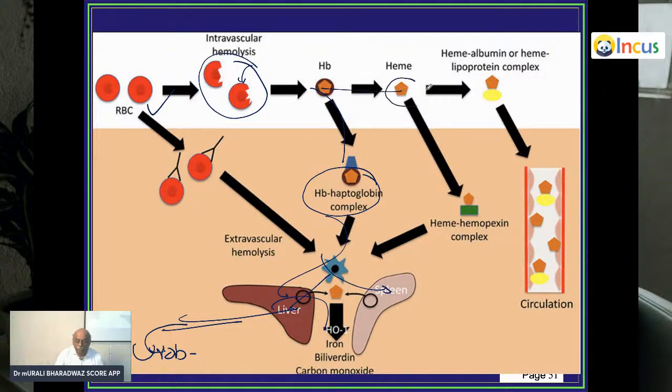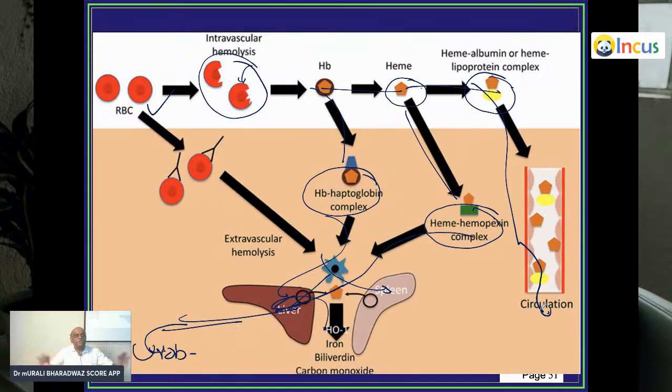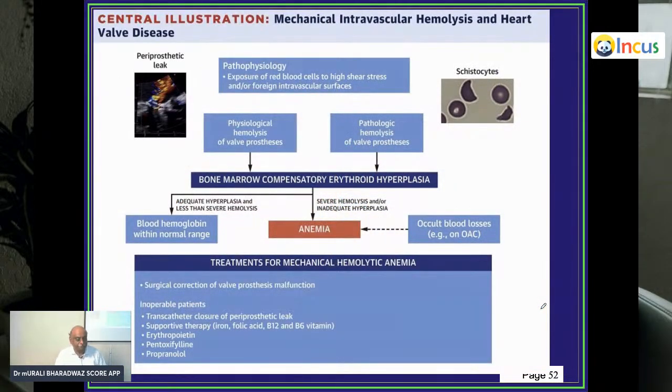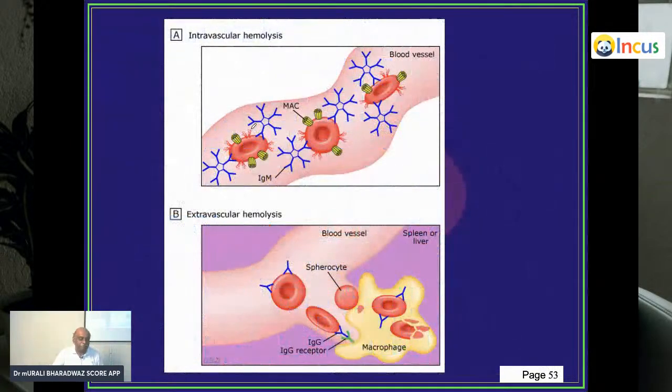Then hemoglobin becomes heme, forms a hemopexin complex and also enters the liver. Then heme can bind with albumin and enter circulation. These are all the various things that can happen with intravascular hemolysis. Similarly, whenever you place a prosthetic valve, that can also lead to intravascular hemolysis.